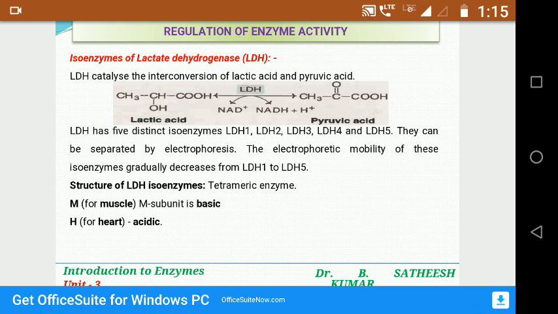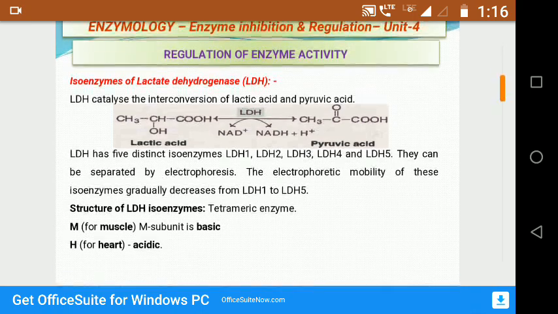So two different types, and the total number of subunits is four. The first type is the M subunit, and the other is the H subunit. M stands for muscle and H stands for heart.